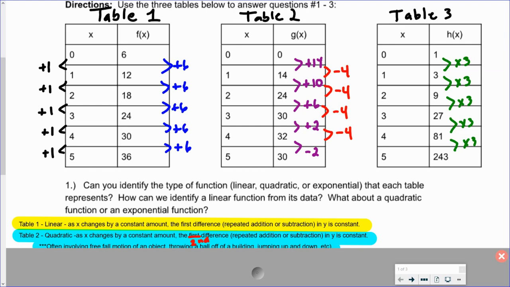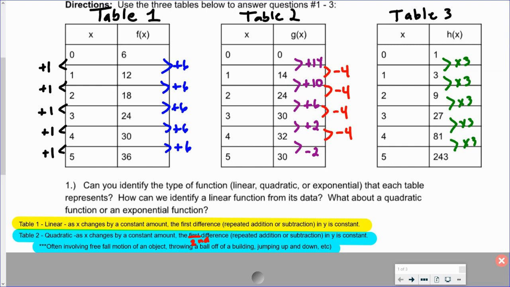Now, quadratic models are typically going to involve, you'll hear something like, if an object is falling, or if you throw a ball up in the air and it comes back down, or if you jump up in the air and you come back down. Okay, quadratic functions can be used to model that type of data.